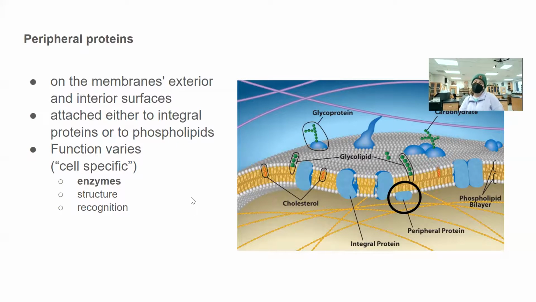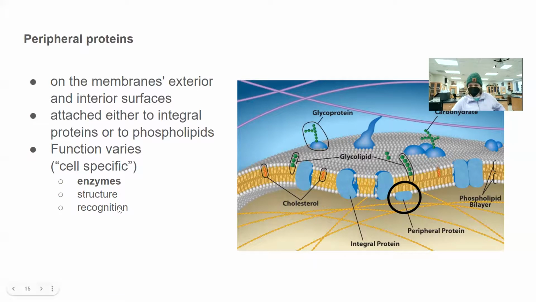And the function of these peripheral proteins varies depending on the job of the cell and the job of the protein. And so we call them cell specific, right? Because what they're doing is very specific to what function needs to occur. So they might be enzymes, remember enzymes. They might be providing structure.